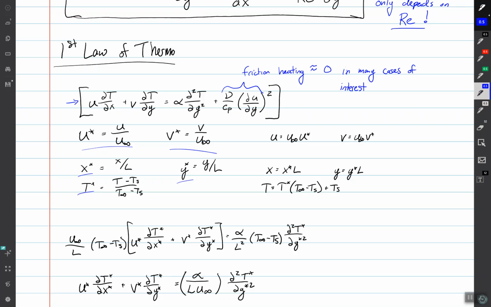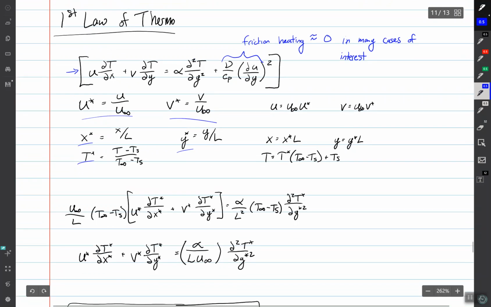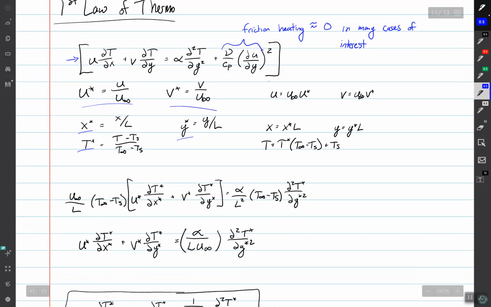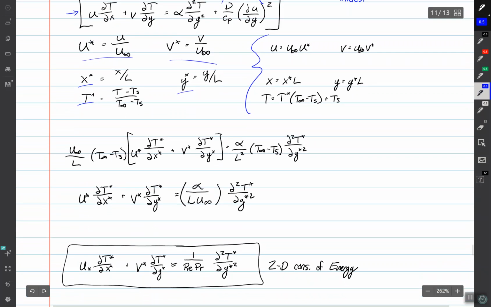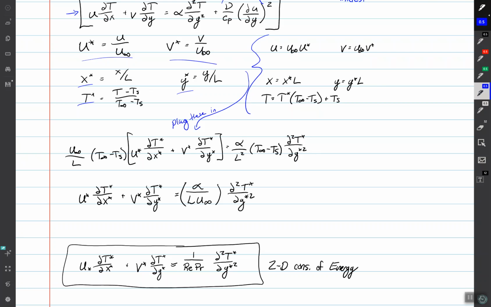And all of these are defined in the same way that we did before. We can write here how we're going to replace them in the equation above. Okay, if we actually plug these in, we get this equation.